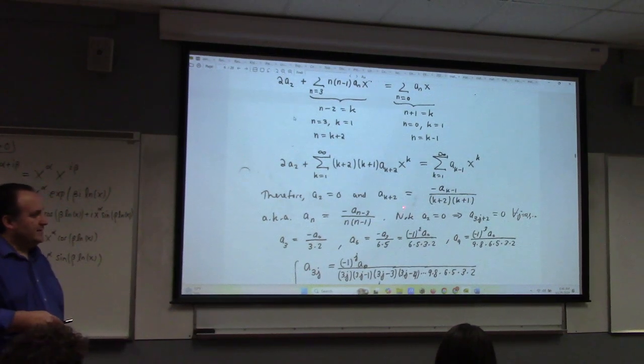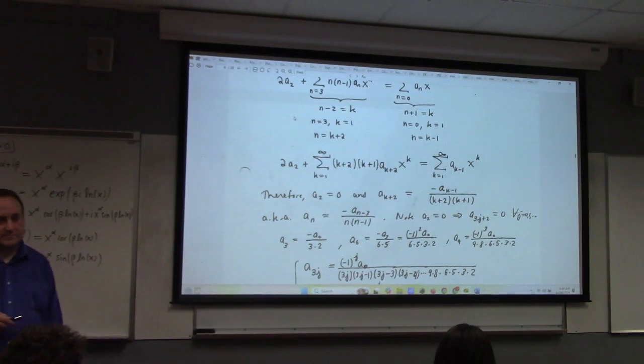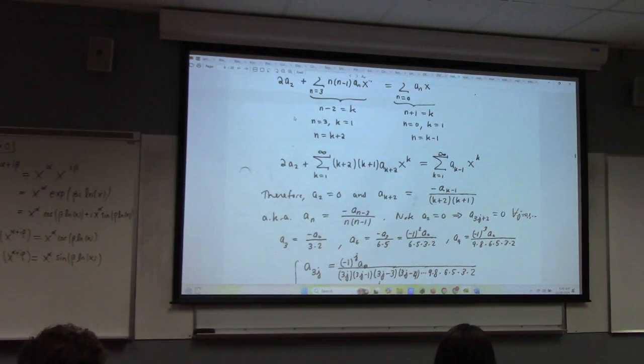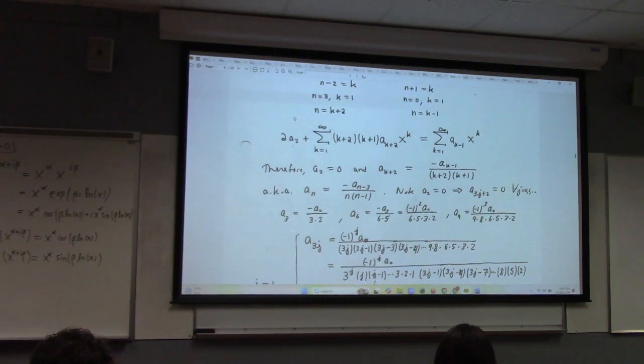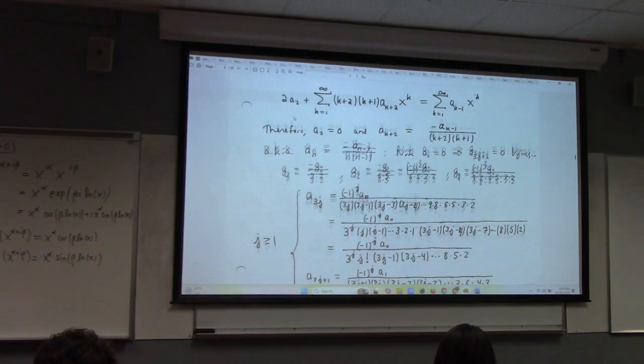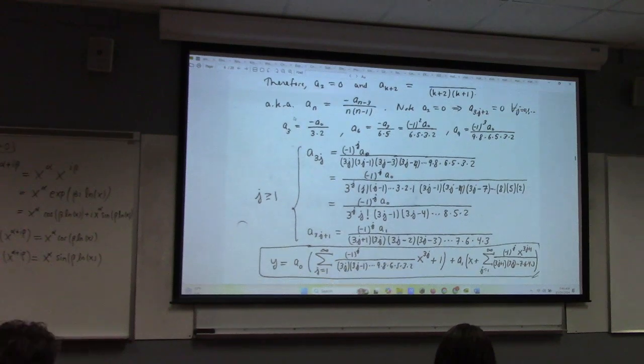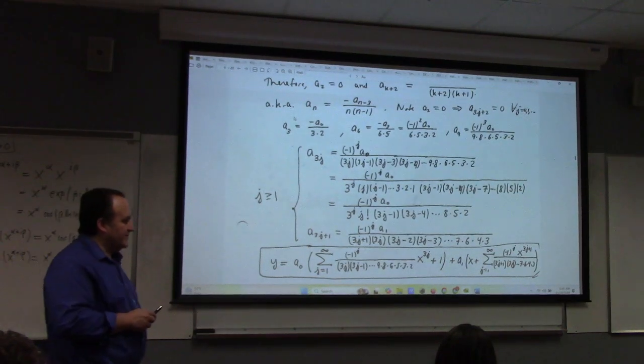Of course, if I was wiser, I would say find the general recurrence relation and explicitly list any special cases separately. In this case, the special case is a sub 2 is 0. Anyway, it turns out that there's a triplicity, if you will. The coefficients are related by multiples of 3.